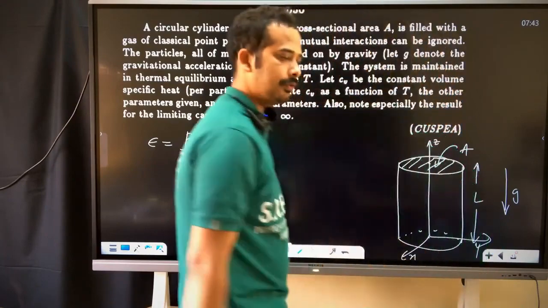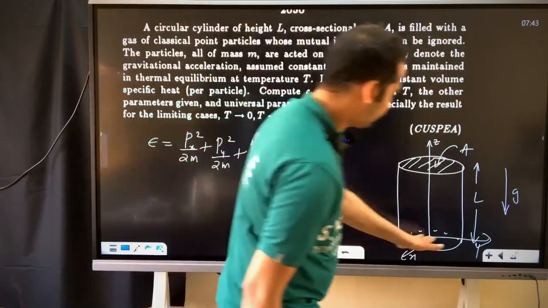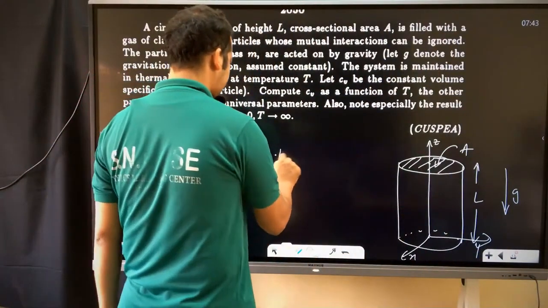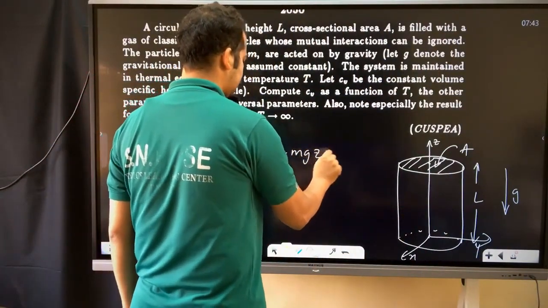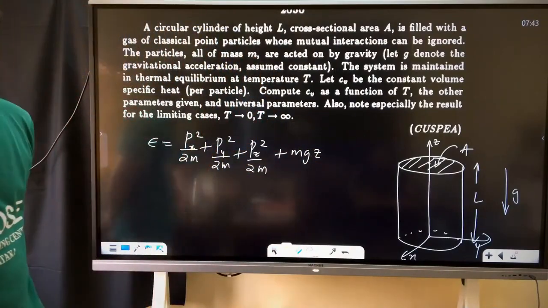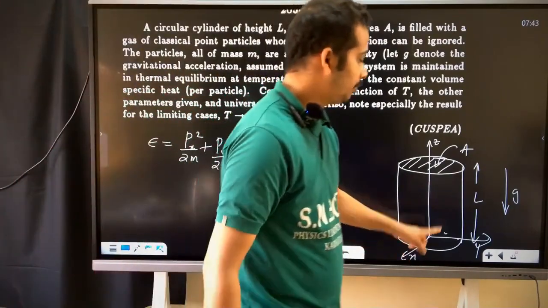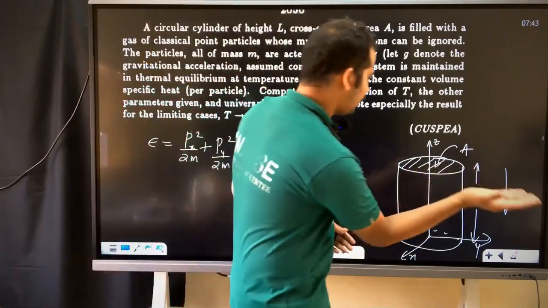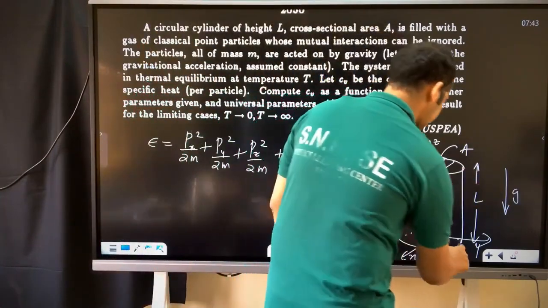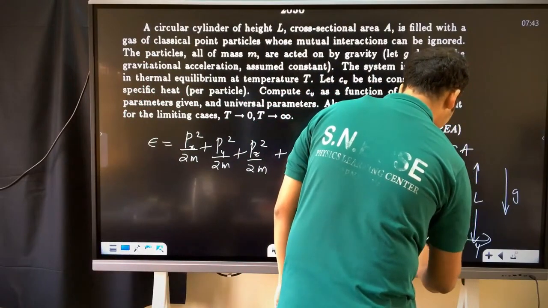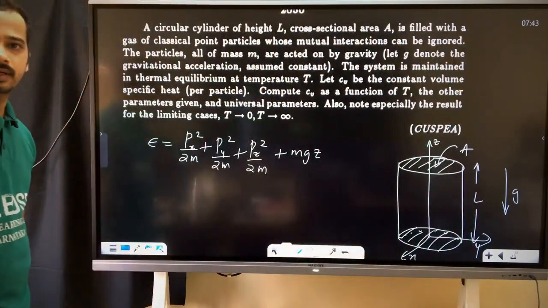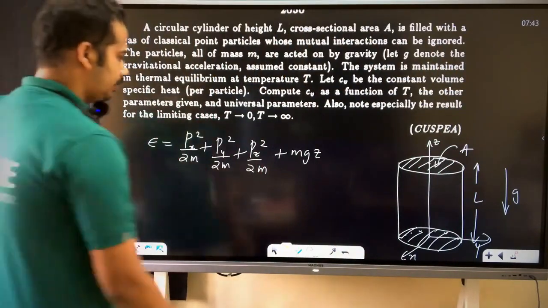By taking this floor xy plane as zero potential, you can write your potential energy as mgz, isn't it? z varies from 0 to L. xy varies across this cross section. I mean, this is a cylinder now. Anyway, that doesn't matter.